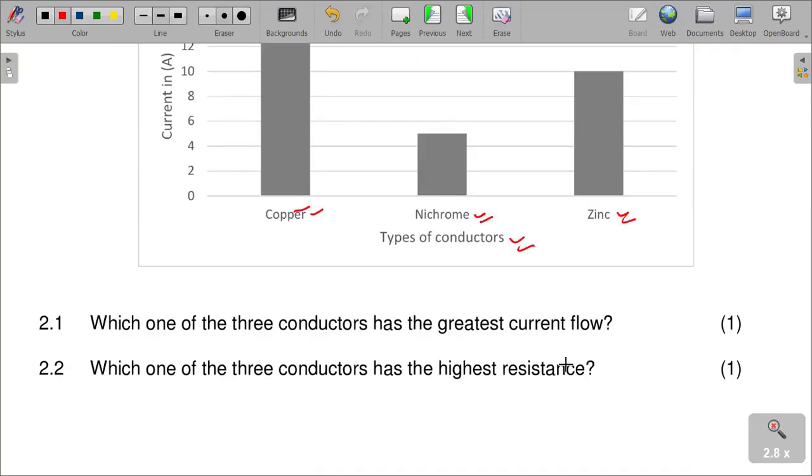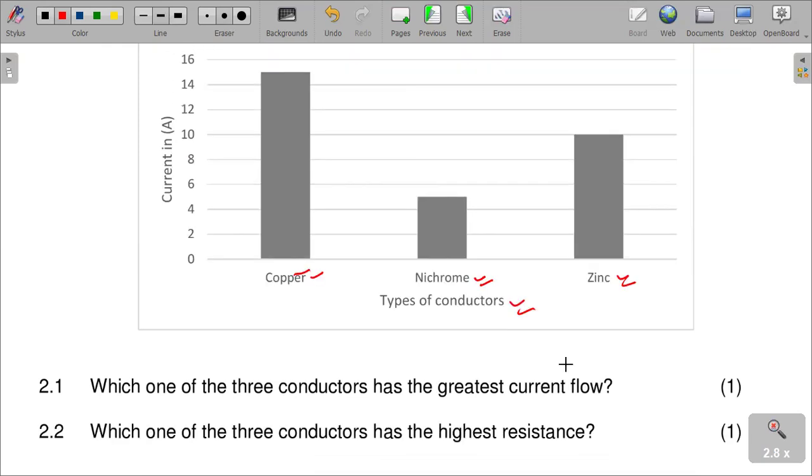The question is saying, which of the three conductors has the greatest current flow? We just see the one with the longest bar. Therefore, it is copper. Copper has got the longest bar, hence it is the one which has got the greatest current flow.